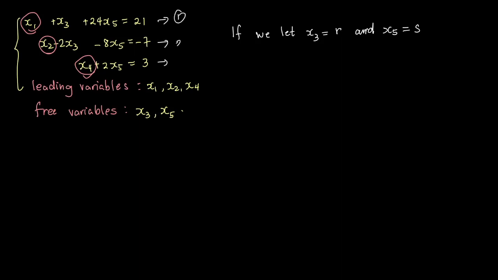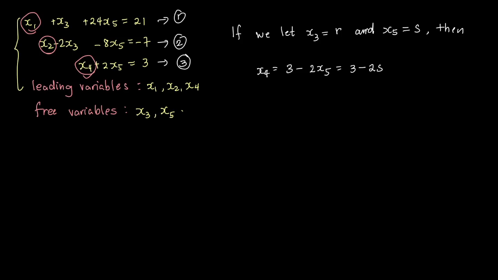from these equations we can say something about x sub 1, x sub 2, and x sub 4. For example, x sub 4 should be what? 3 minus 2x sub 5, therefore that's 3 minus 2s.